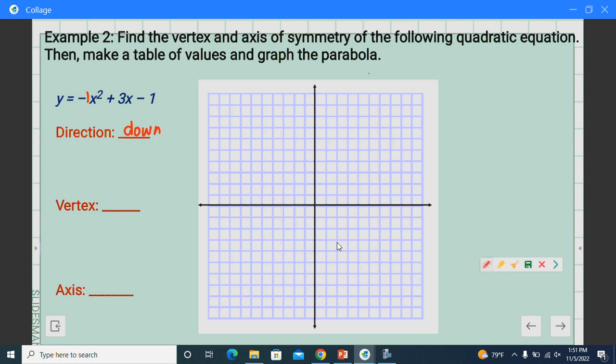Our vertex and our axis of symmetry, let's have this one. Axis of symmetry, or the vertex of y, it's the same thing, so let's have there x is equal to negative b, or opposite of b, over 2a. The opposite of b, we have b of 3. So that is opposite of positive 3, that becomes negative 3, over 2 times a, our a is negative 1.